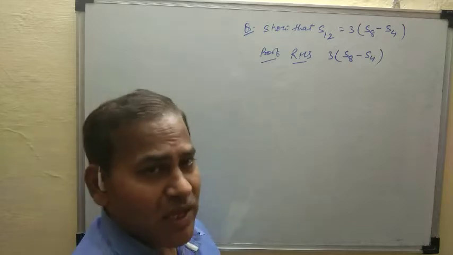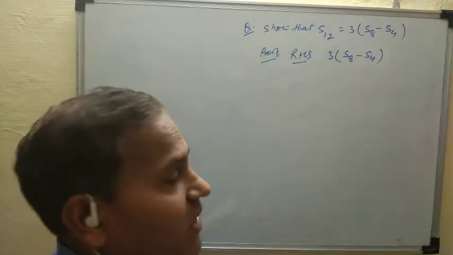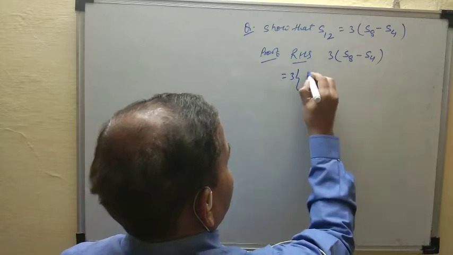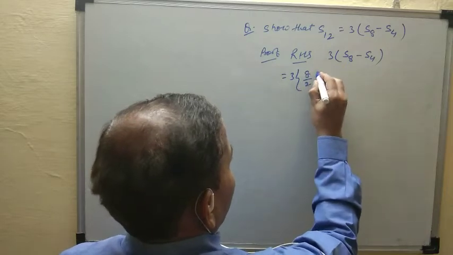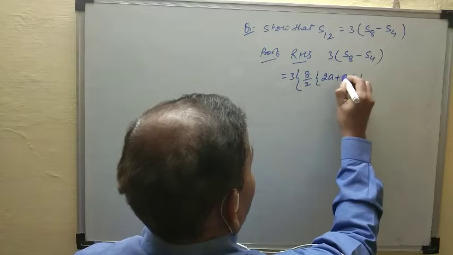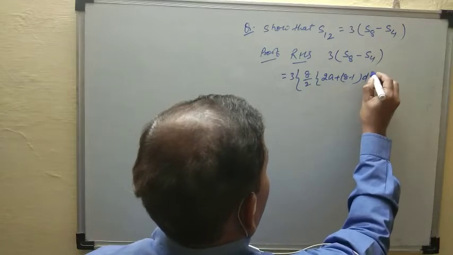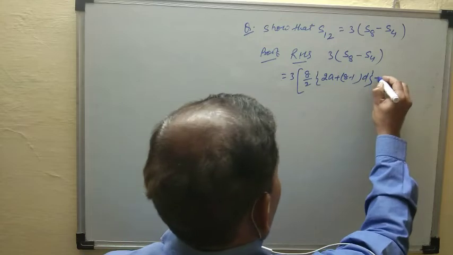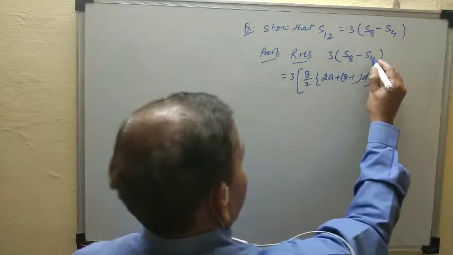Put the value of S8, use the formula Sn. So this is equal to 3, S8 is equal to 8 by 2 into 2a plus 8 minus 1 into d. This is S8. Now minus S4.